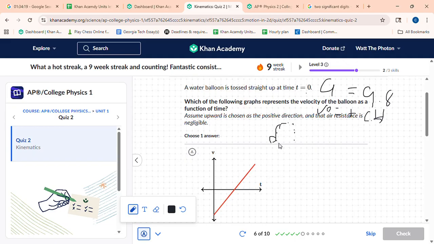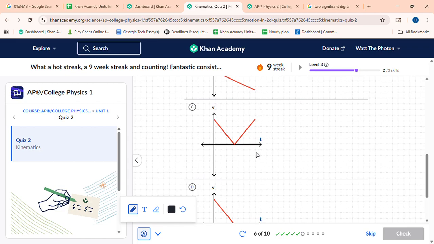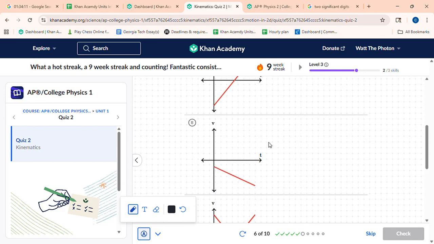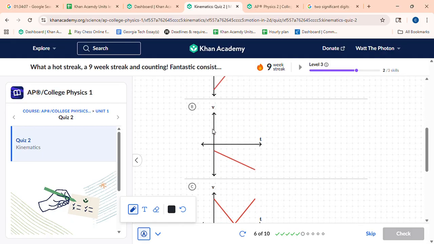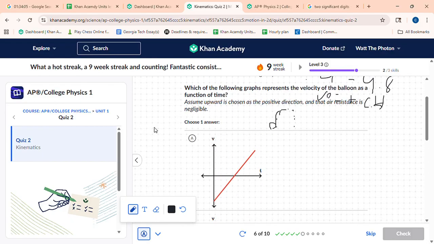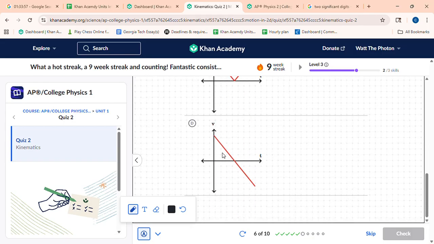So velocity should have a constant acceleration. Velocity goes up, and then it goes back down. That seems to be right.